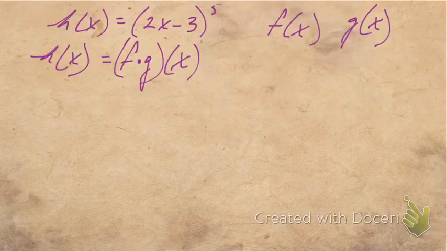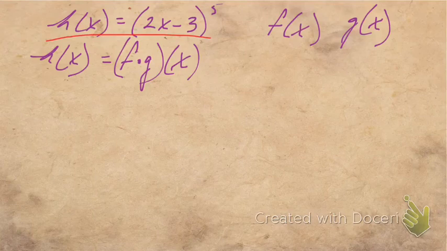Okay, so decomposing a function as a composition is going backwards. Okay? So let's say, for instance, that I have the function h of x equals the quantity 2x minus 3 to the 5th power. I want to know what composition I had to have started with in order to get 2x minus 3, that quantity to the 5th power, as the answer.